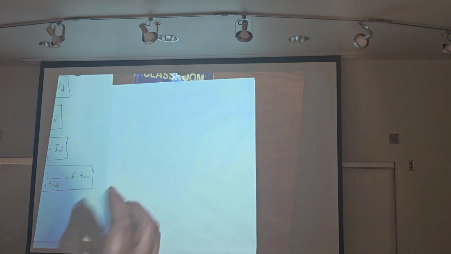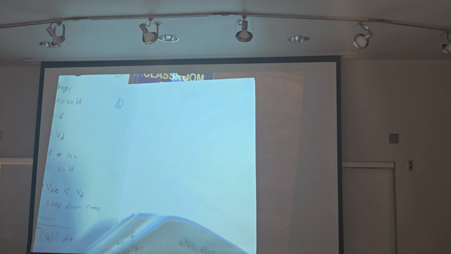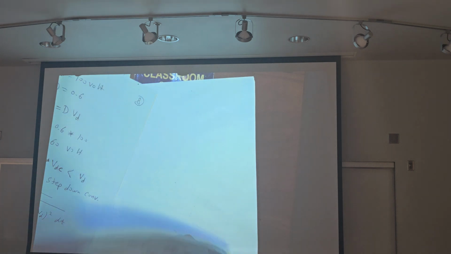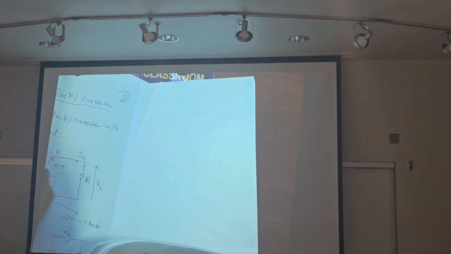Now we discuss the load as a resistive load: the step down buck converter with resistive load.